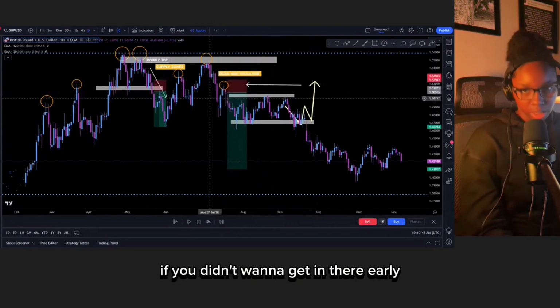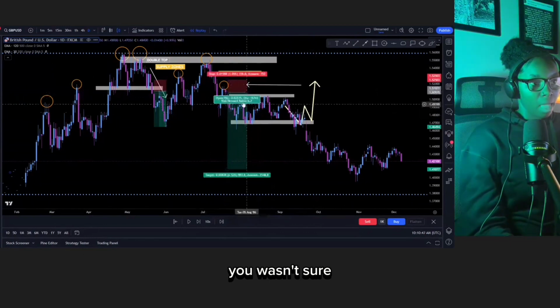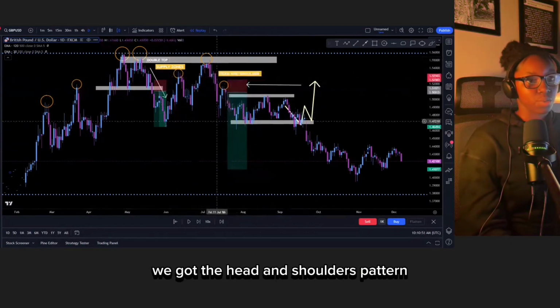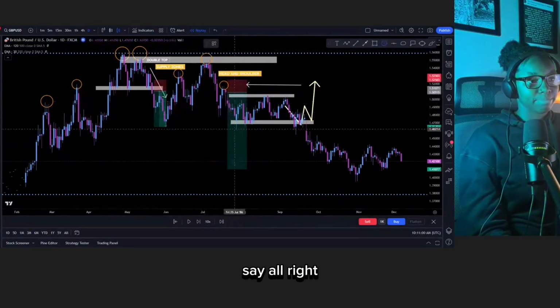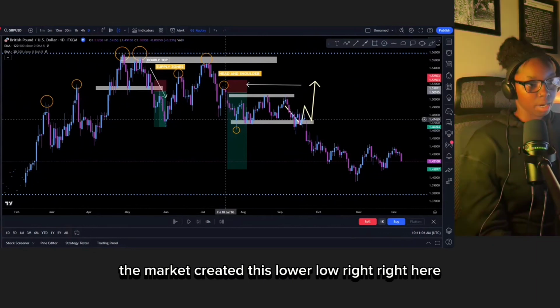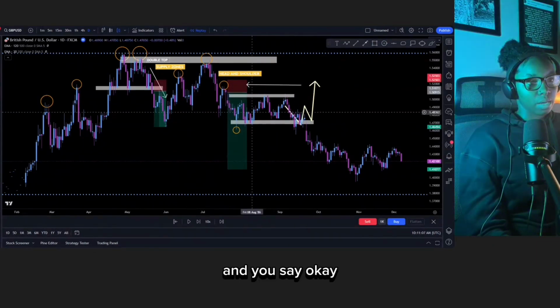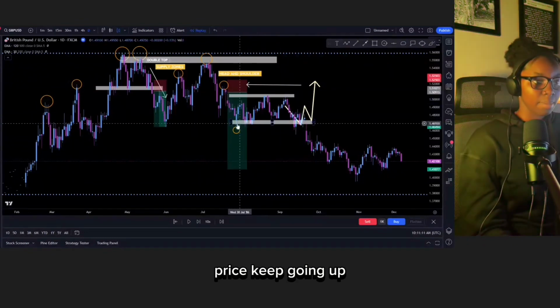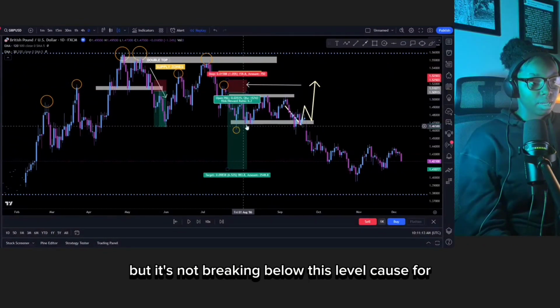Or let's just say if you didn't want to get in that early and you weren't sure, you could have seen, okay, we got the head and shoulders pattern, and you could have waited. The market created this lower low right here. And you say, okay, well, it's consolidating, price keeps going up, but it's not breaking below this level.